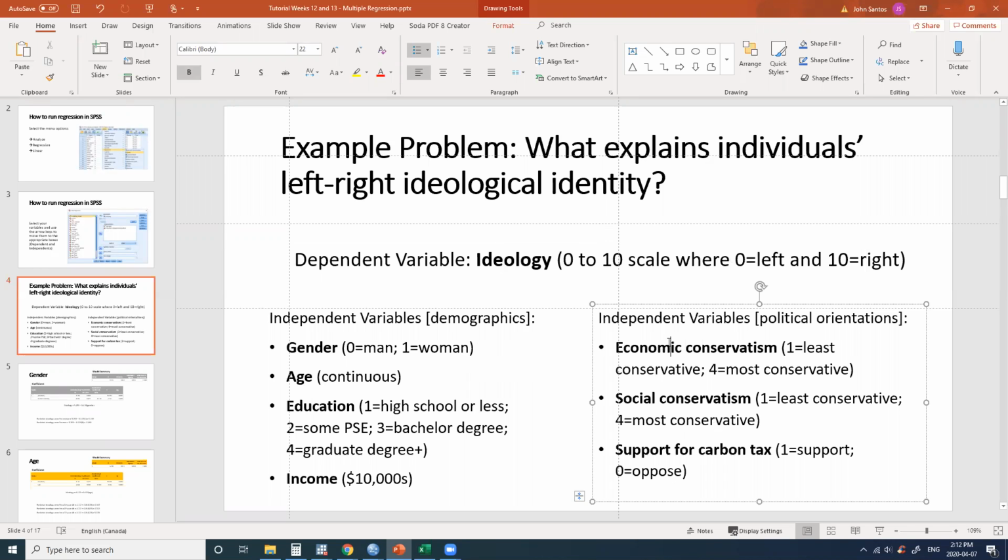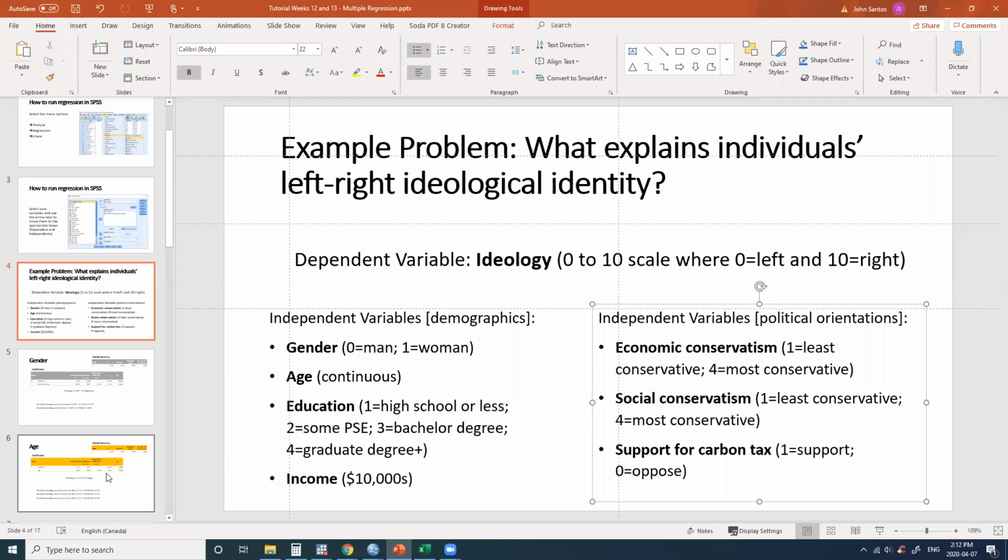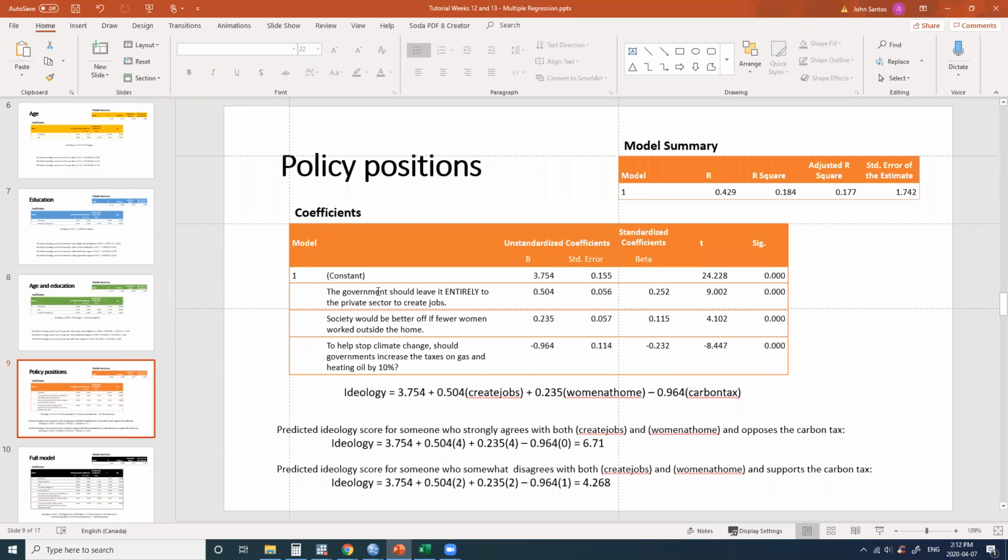So we had a measure of economic conservatism, a measure of social conservatism, and a measure of support for the carbon tax. The economic conservatism question was, the government should leave it entirely to the private sector to create jobs. The social conservatism question was, society would be better off if fewer women worked outside the home.